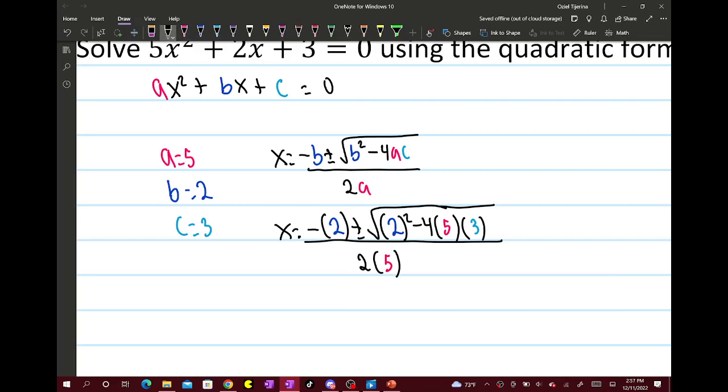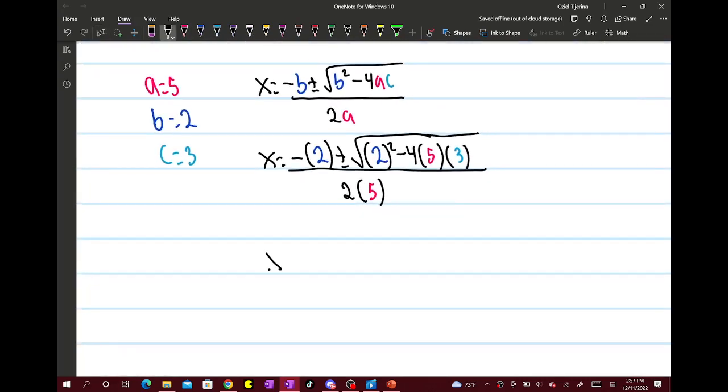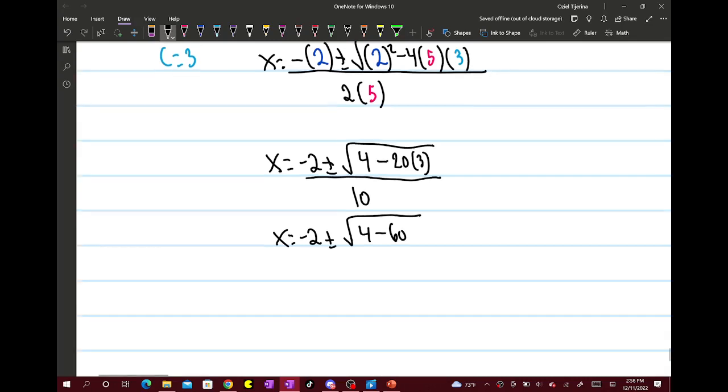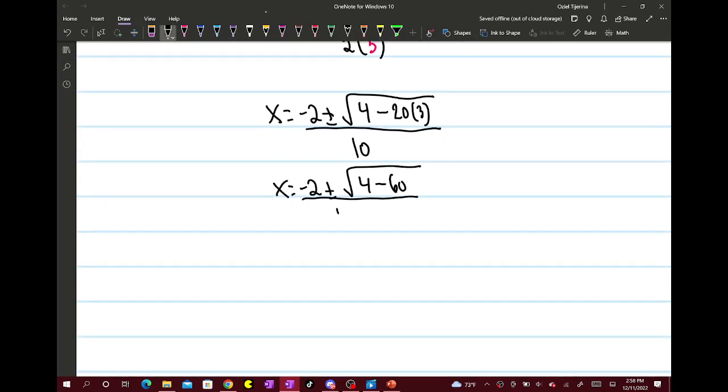And then it's just about simplifying. So this is -2 plus or minus the square root. 2 squared is 4, so 4 minus 4 times 5 is 20, 20 times 3, all over 10, right?